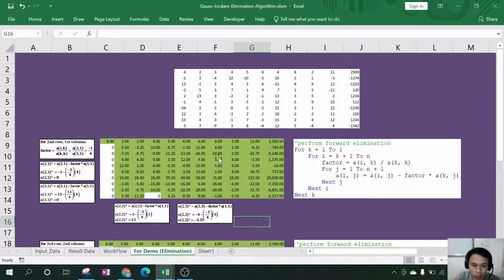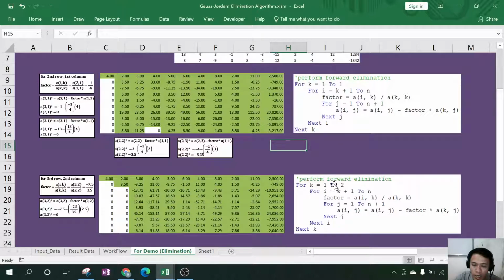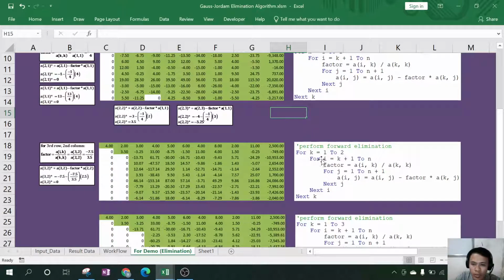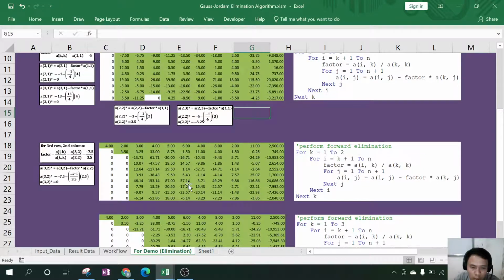If we continue the loop, when k is 1 to 2, we define 1 to 2 so that the data from 1 will be used when k is 2.